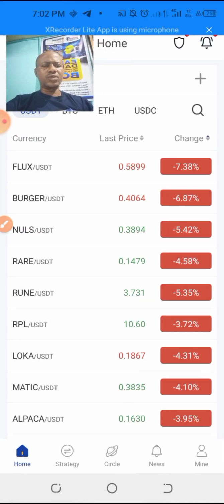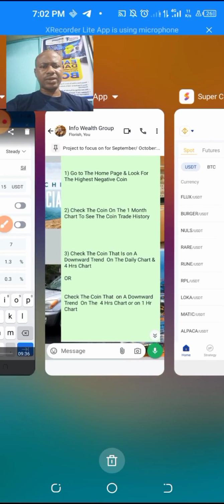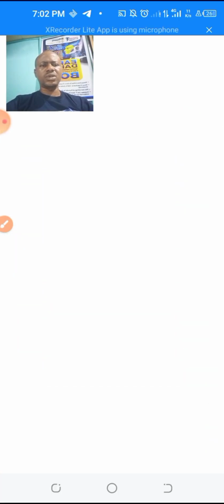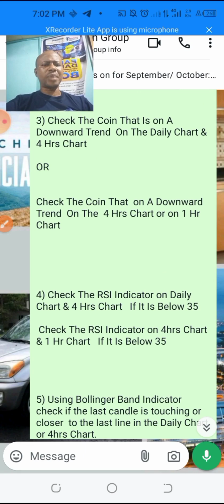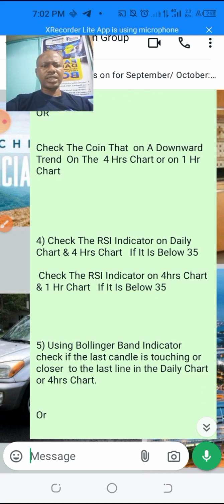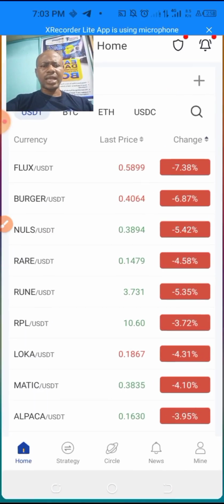So what I will now do is, what's the next criteria to check after you have checked the downtrend on the 1 day? The only coin that gives me that very perfect formation of candles on downtrend is Atom. So the next thing to check is the RSI indicator on the daily chart, if it is below 35 or 40.